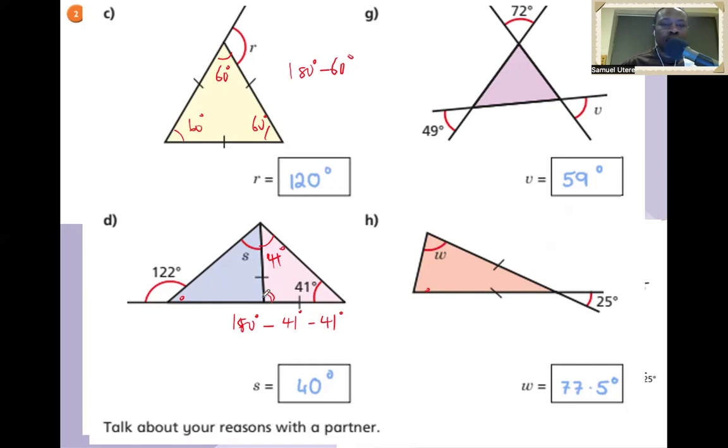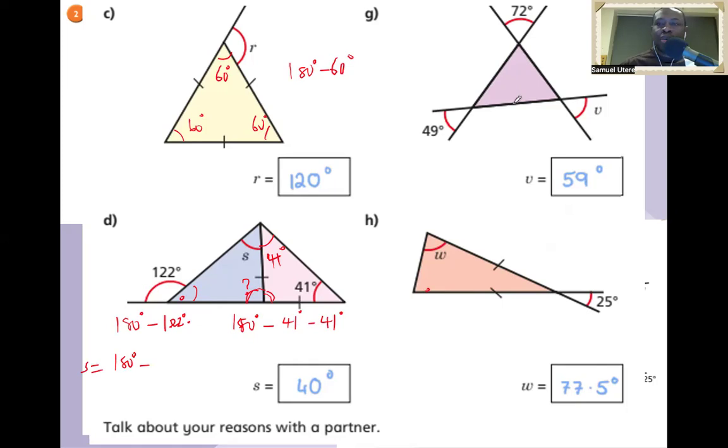Now, to get this angle, whatever result we get from here, we'll subtract that from 180 degrees. To get this angle here, we'll do 180 degrees minus 122 degrees. Now, you can use the sum of angles in a triangle to get angle S. You can do 180 degrees minus the angle that you got here and minus the angle that you got here to get angle S.